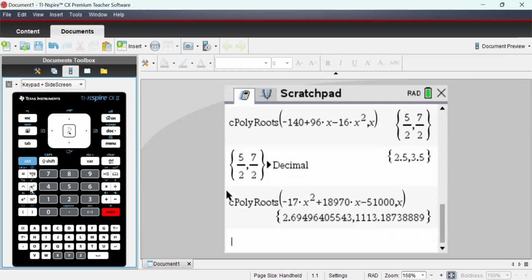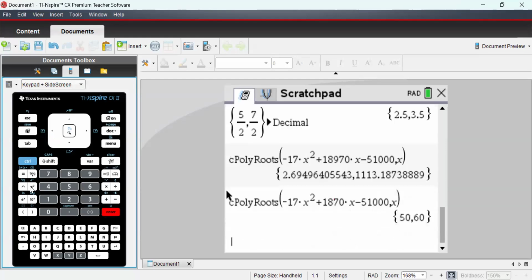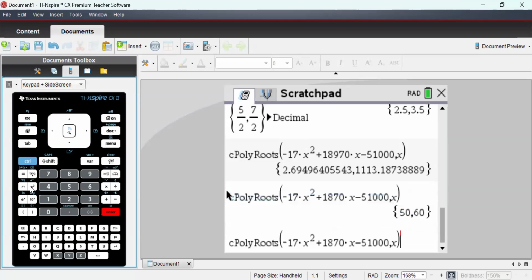And I see what I did wrong. Those numbers don't look right. It's 1870. All right, so 50 and 60. And if you didn't see what I did, I saw that I had an error. I just arrowed up until I got where I wanted and hit enter, and it's a copy and paste.